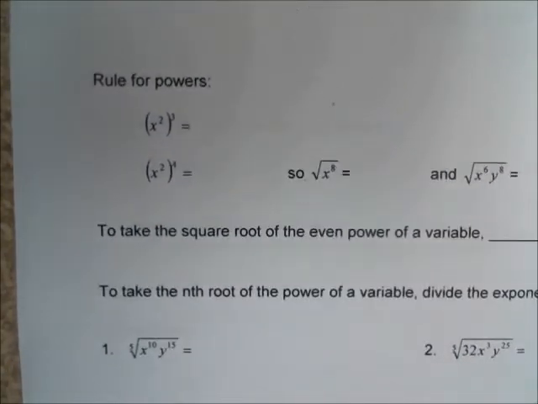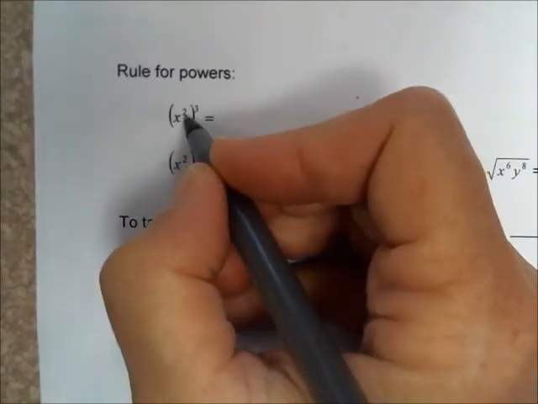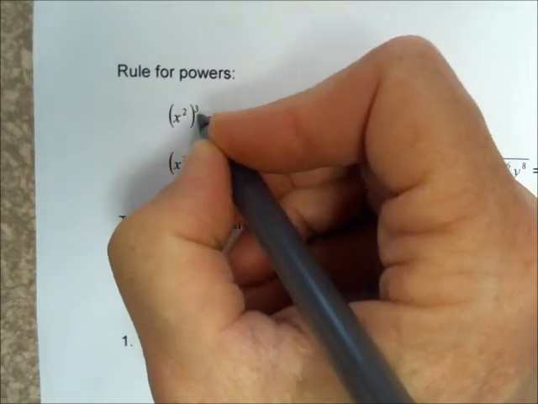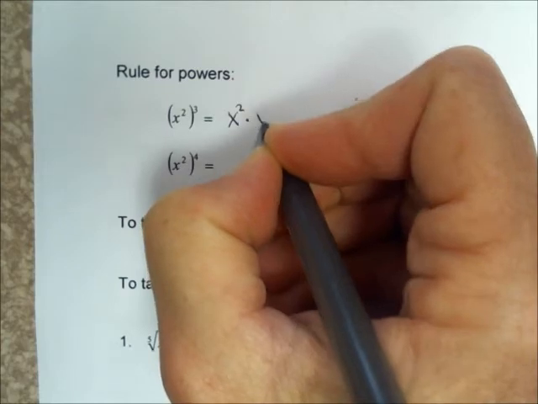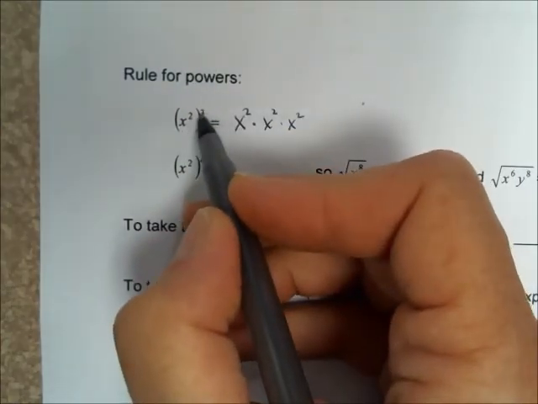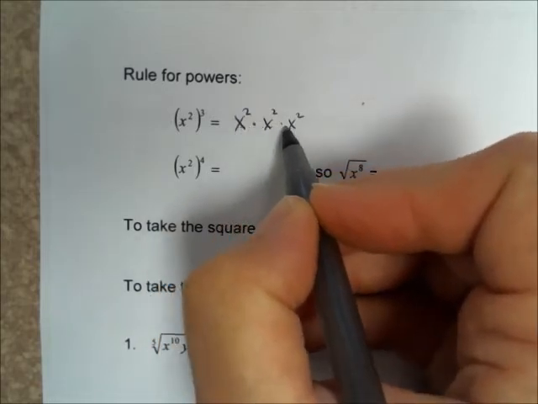Okay, and the last thing we're going to talk about is some rules of powers. If you have a power of a power, what you're going to do is multiply those exponents. This is like x squared times x squared times x squared, right? X squared to the 3rd power, which is x times x times x times x times x times x.